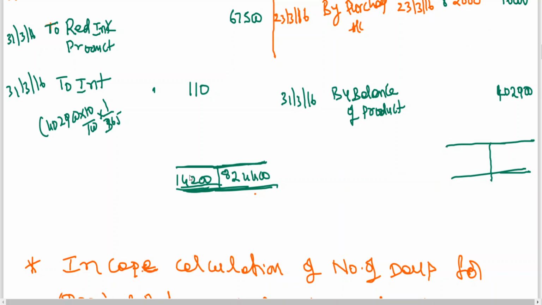Plus 110, 14,310. Again you write with a pencil, because the debit side may show more or the credit side may show more amount. I told you already, interest will be written on the side where product is showing more.